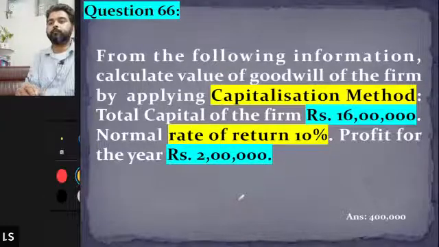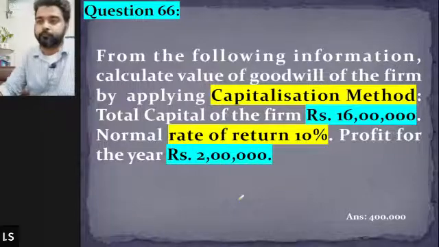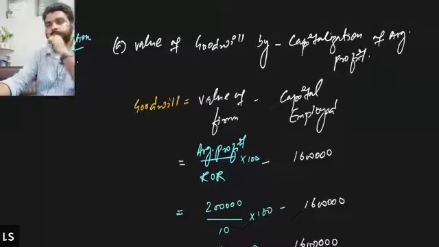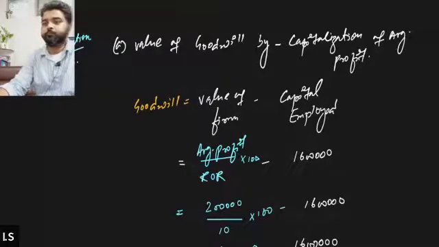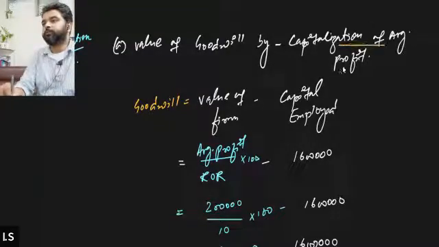Done, everyone? See, this is how we will find the value of goodwill by the capitalization of the average profit in question number 66.